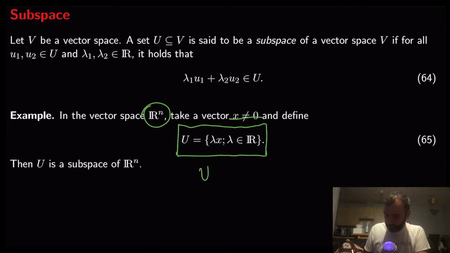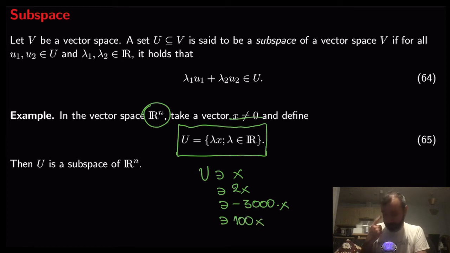So this set U contains things like x, of course, it contains 2x, it contains, this symbol means contains, it's like belongs to but turned upside down, like this. This means contains 2x, contains minus 3000 times x. This U contains 100 times x, and so on.